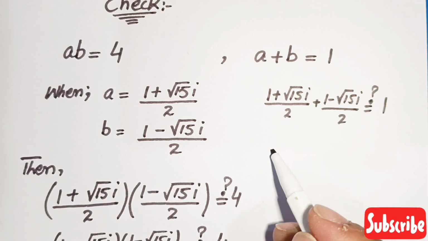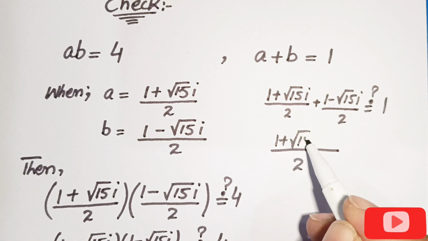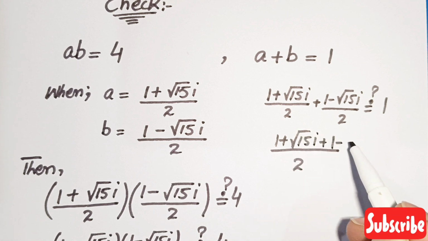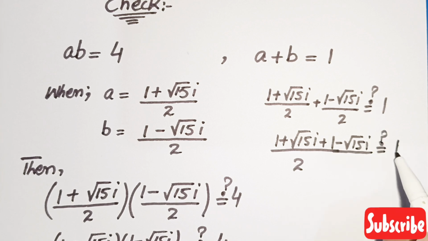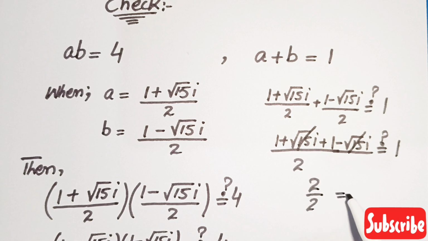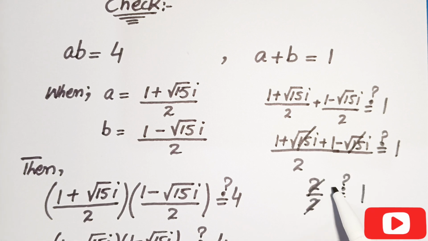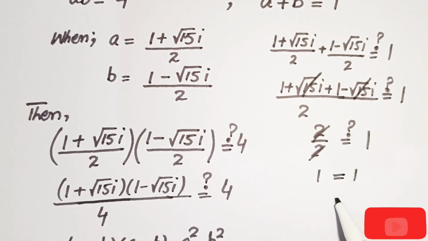If we take the LCM, we have 2. We write 1 plus square root of 15 i plus 1 minus square root of 15 i all over 2, that is 1. If we cancel plus and minus square root of 15 i, we get 1 plus 1, that is 2 over 2. By cancelling 2 with 2 we get 1. So 1 is equal to 1. Here our left hand side is equal to right hand side, so we have proved that our answer is true for this problem.